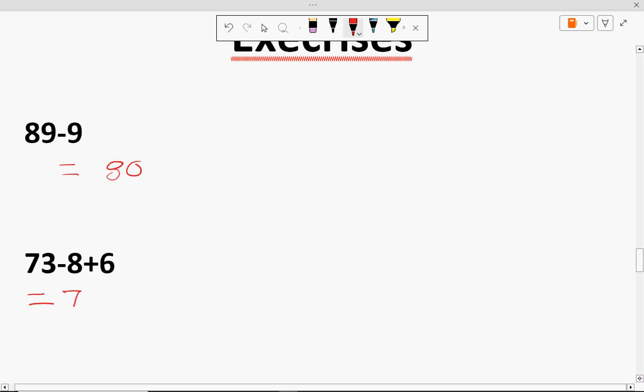This becomes 79, minus the remaining 8. Now we do the subtraction. 79 minus 8 comes to 71, and this is the solution for this expression.